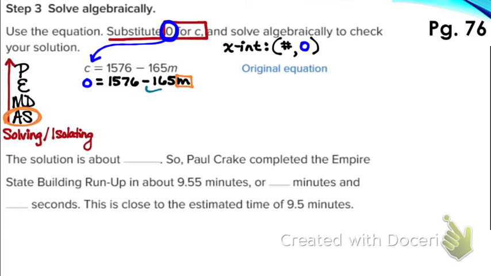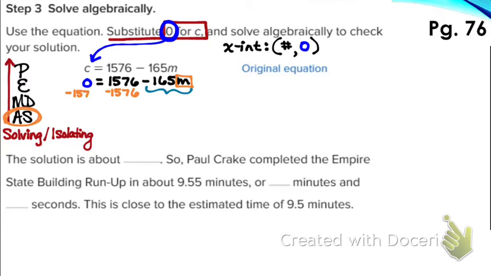So if I can't get rid of this part, what can I get rid of? The other part, that 1576. Is 1576 positive or negative? Positive. How can I make it cancel then? Subtract it. So minus 1576, if you do it to one side, got to do it to the other side.